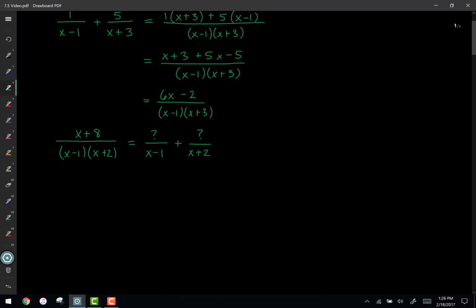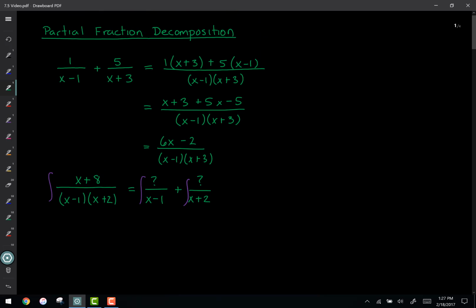Okay, so that's the plan, because we're going to have an integral here, and it's going to be a lot easier to integrate these two things because these will just be natural logs. Like I said, the integrals will be very straightforward once you break it apart, but it's just going to be an algebra trick. So this section is all about algebra.